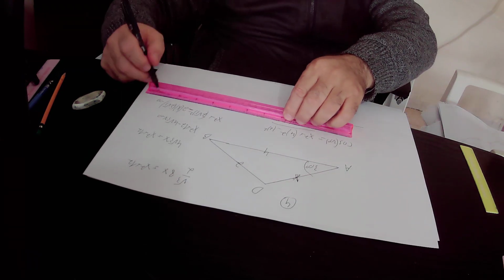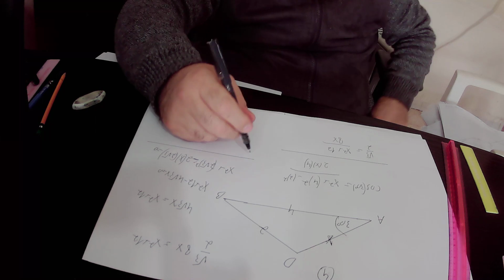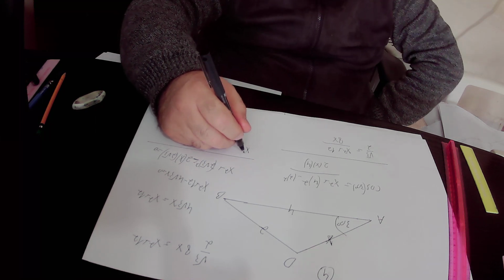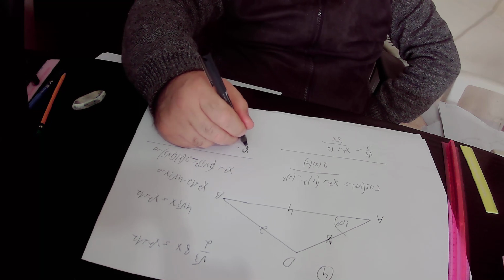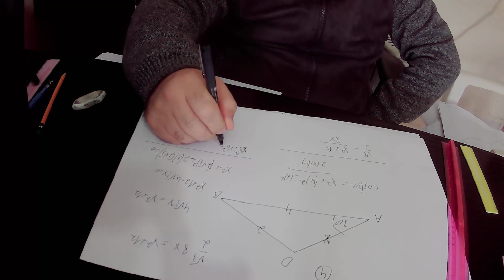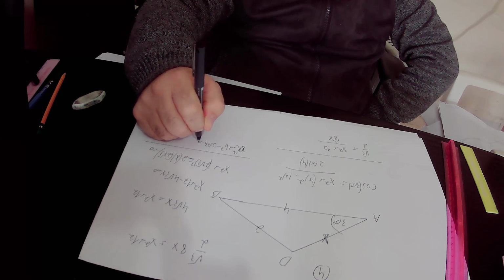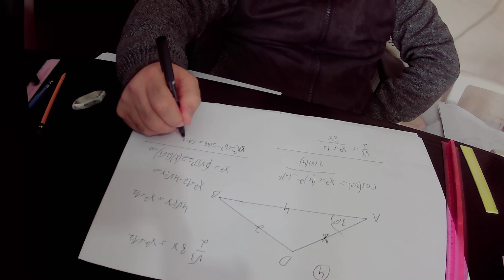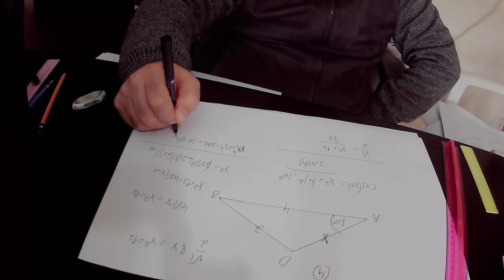Actually, this equation is very similar to the identity that a squared plus b squared minus 2ab equals a minus b squared, that equals 0.